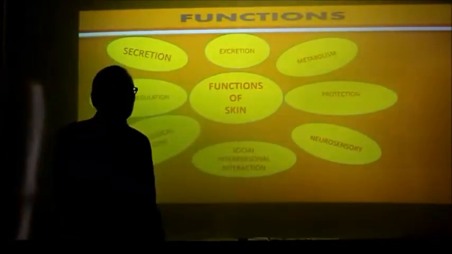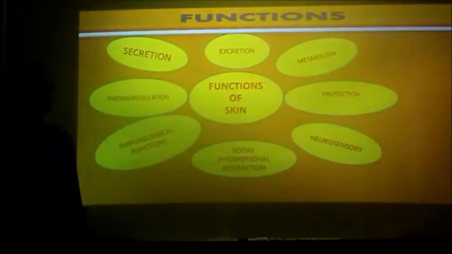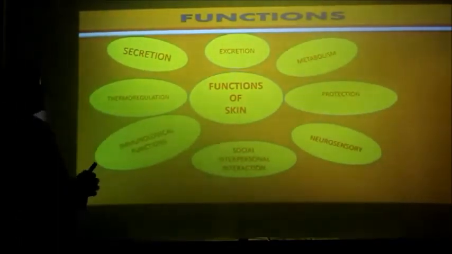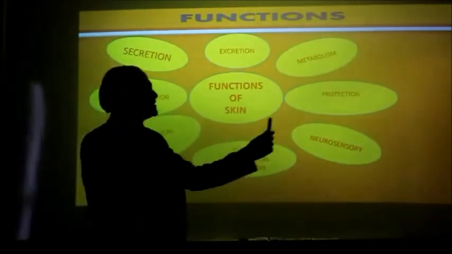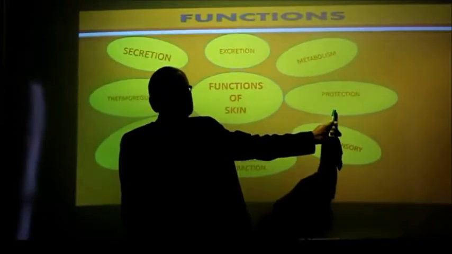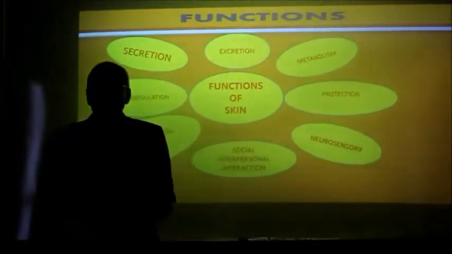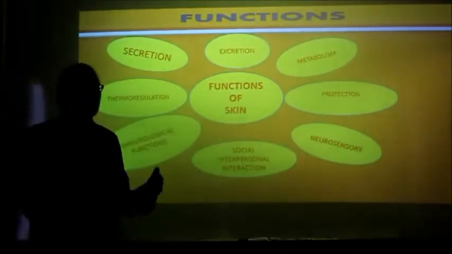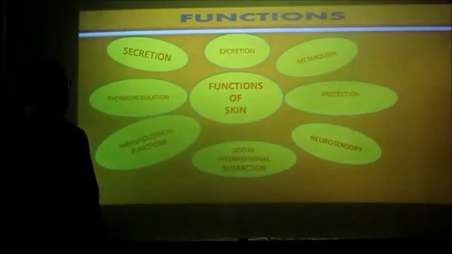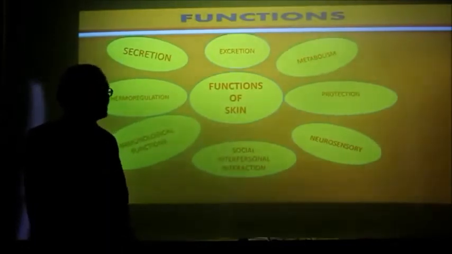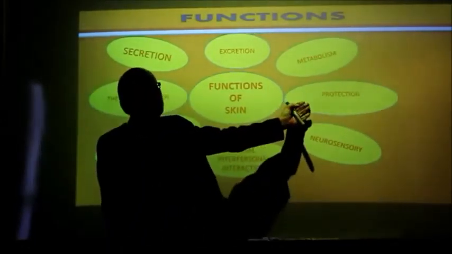To start with, many functions are attributed to this integumentary system. Just to simplify it, the topmost is that it is a protective organ, a protective system. With common sense, we can understand that it can protect us as a physical barrier, a chemical barrier, a mechanical barrier.